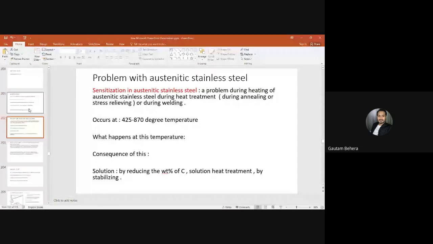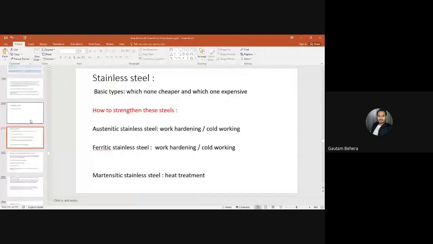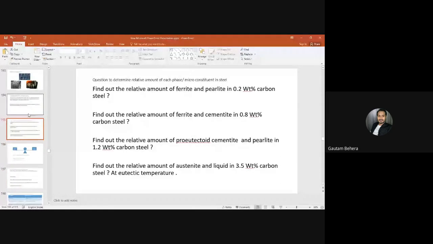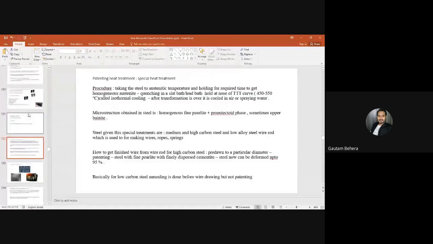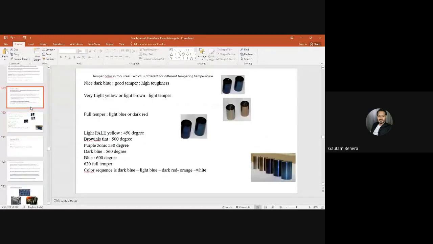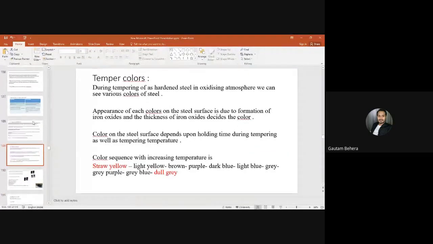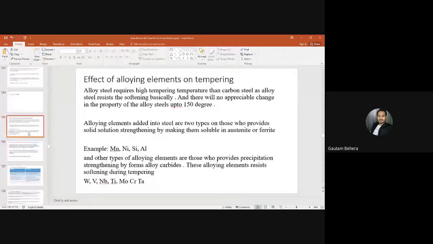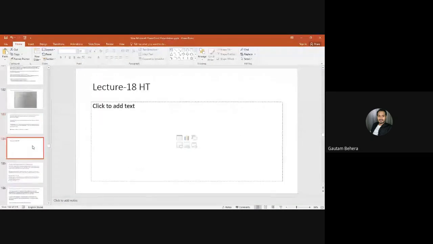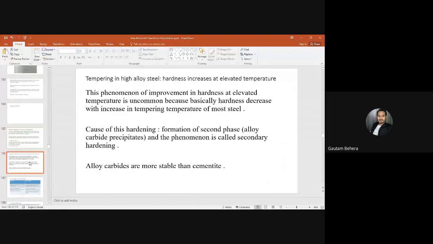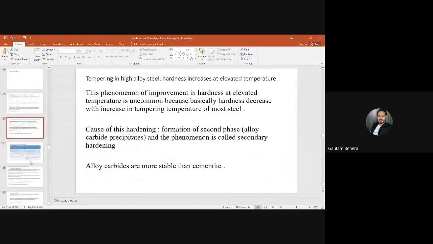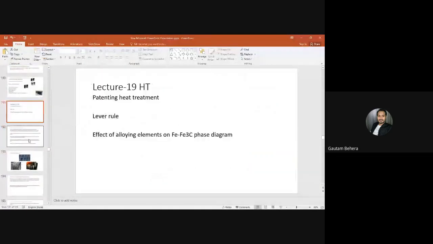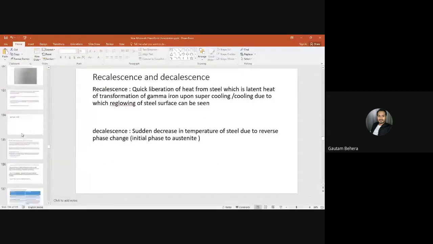Very good, if you remember the tempering process. Sometimes it may lead to formation of epsilon carbide also. Yes, sir, it can form some intermediate carbides. Let me find the effect of the following elements on tempering.